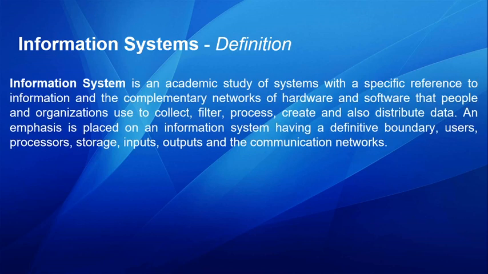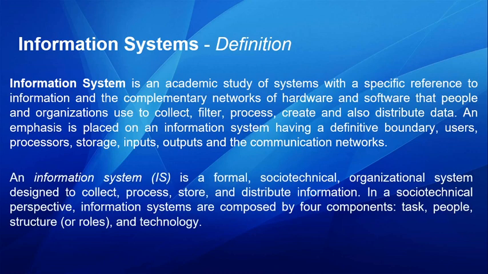An information system is an academic study of systems with a specific reference to information and the complementary networks of hardware and software that people and organizations use to collect, filter, process, create, and also distribute the data. An emphasis is placed on an information system having a definitive boundary, users, processors, storage, inputs, outputs, and also the communication networks.